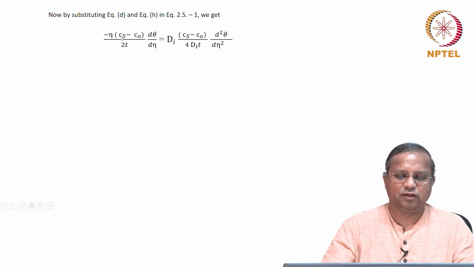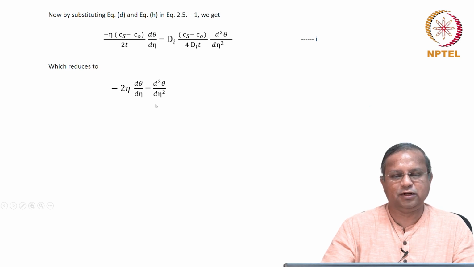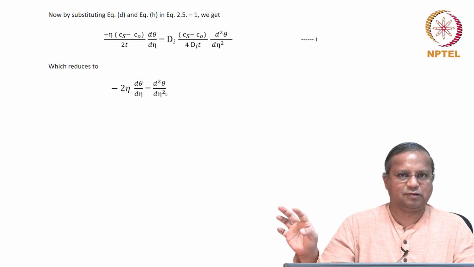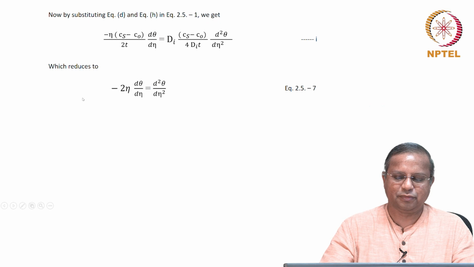You can cancel the common terms here, and now this nicely reduces to minus 2 eta, 4 and 2, there is a 2 remaining, d theta by d eta equals d squared theta by d eta squared. So, the partial differential equation has been successfully converted into a total differential equation by using some previous insight by somebody else. We will call this equation 2.5-7.